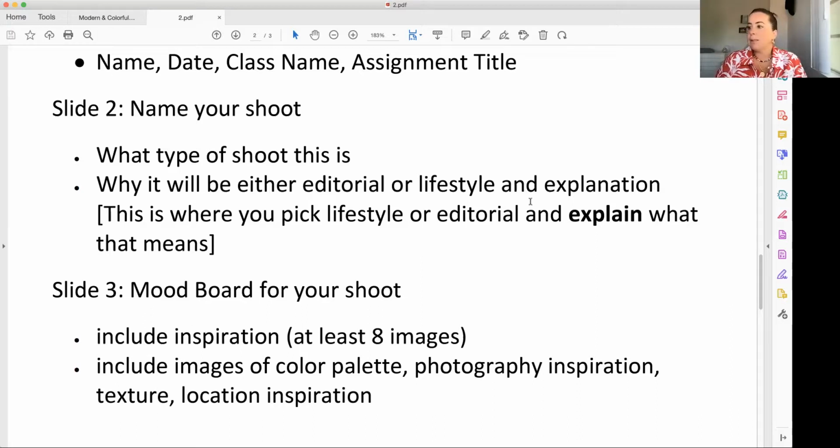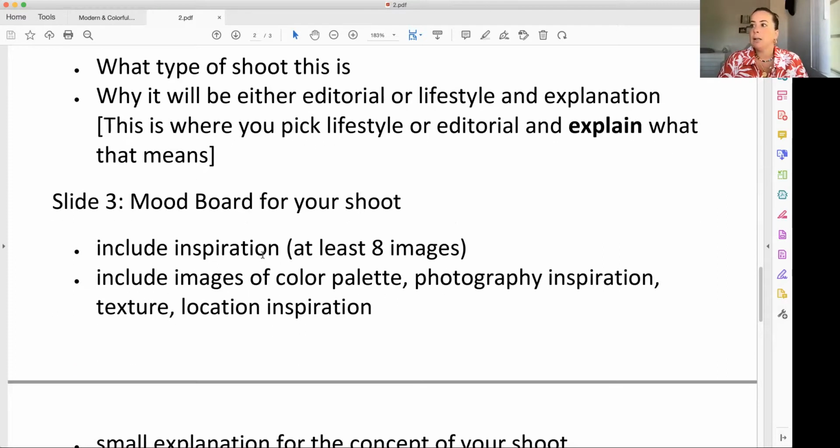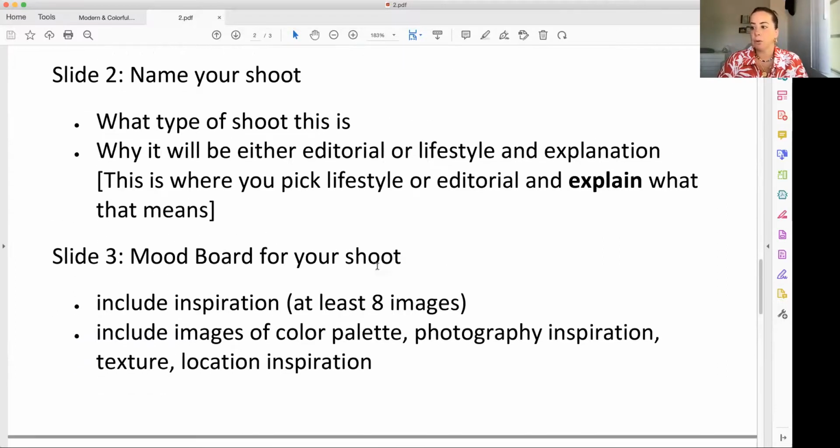You're also going to give us an explanation of what editorial or lifestyle means. Okay, don't forget to add some sort of visual to the slide. So it shouldn't just be a slide with writing on it. There should be a theme to the presentation, and there should also be a visual that's continuing to carry out your theme.